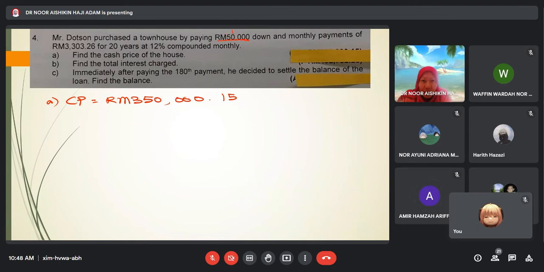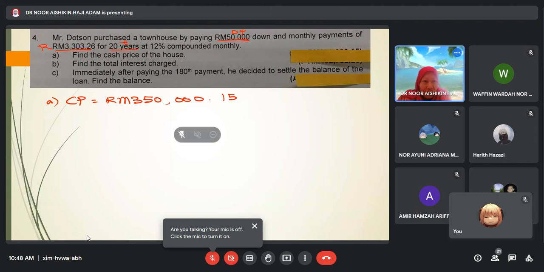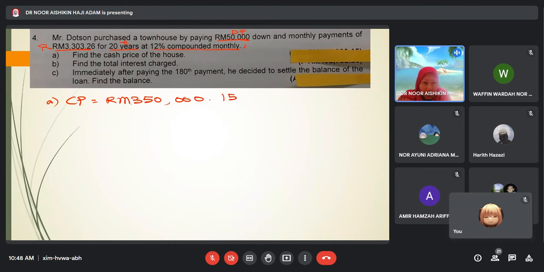That is the down payment and monthly payments of 3303.26. So that is your capital R, for 20 years, that is a T at 12% compounded monthly. So that gives you your I. Boleh buat ya? How do you find the cash price? Formulanya apa?